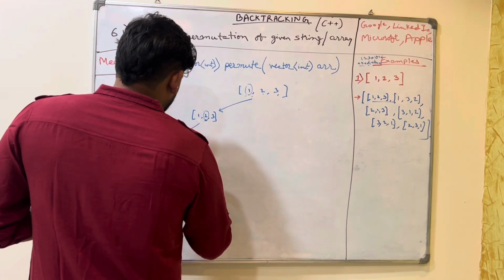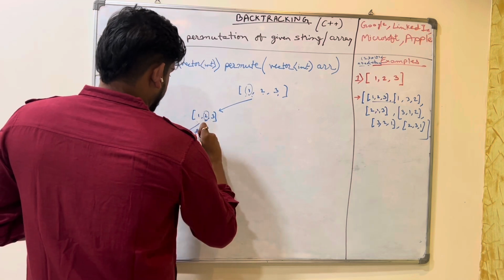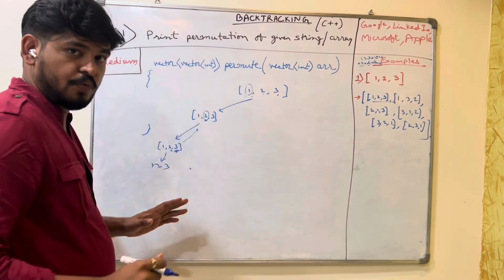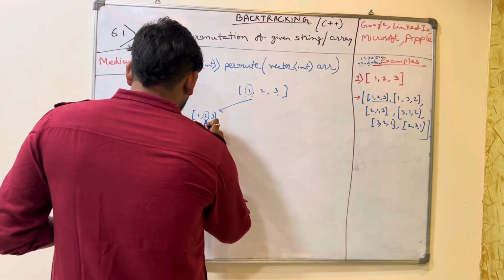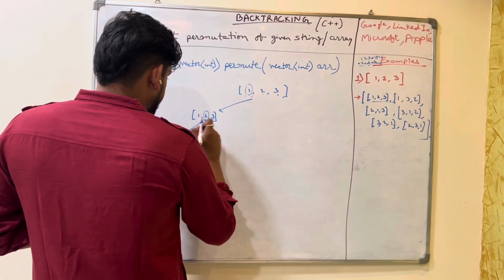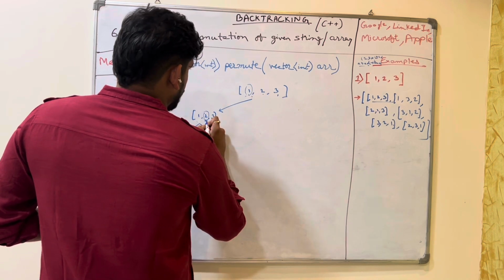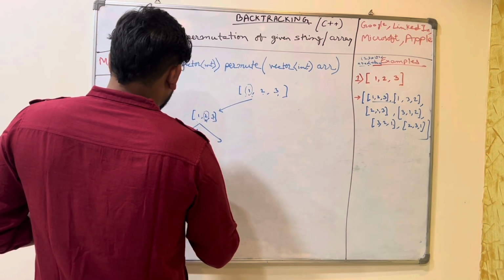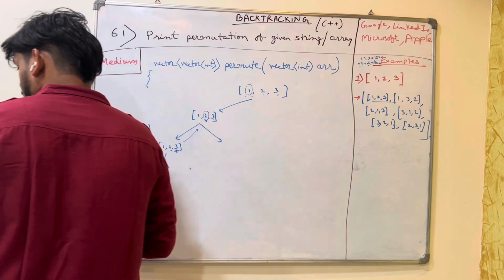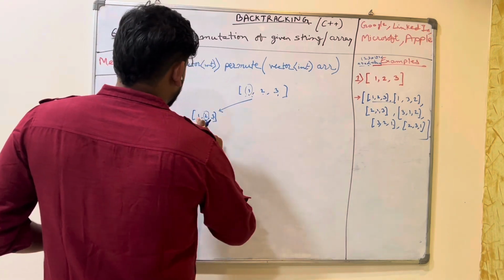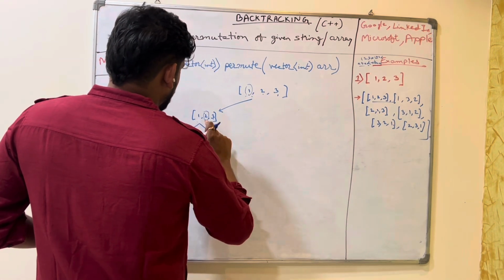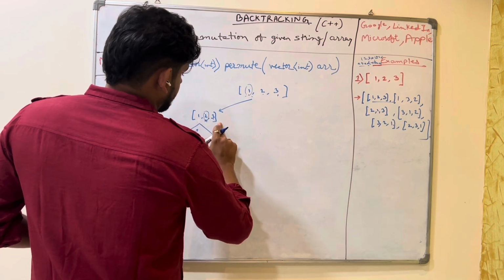Now coming from here to here, going back here again, we swap 2 with 2. Now we swap 2 with 2 and then 3 with 3. Now here if we would have swapped 2, okay, one second. So 1 has been swapped with 1, 2 has been swapped with 2, and now 2 will be swapped with 3.